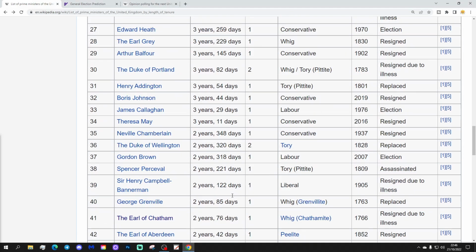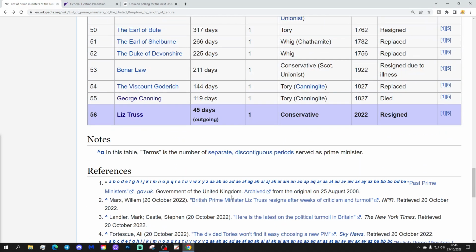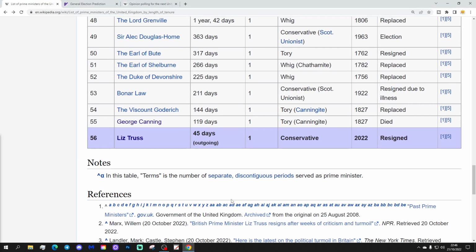And whatnot, but Liz, I'm afraid, is going to get nowhere near that. She is at the very bottom, and we're amazed. I doubt that will ever be beaten. You never say never, just as with the weather in politics. You never say never, but I really can't see that ever being beaten, actually.